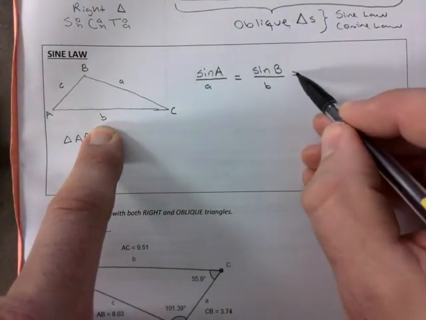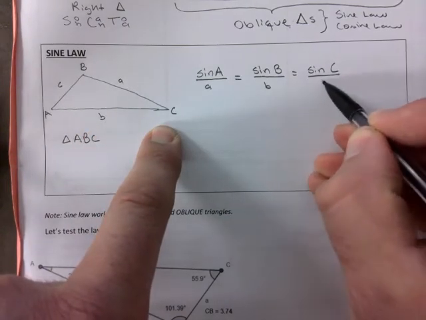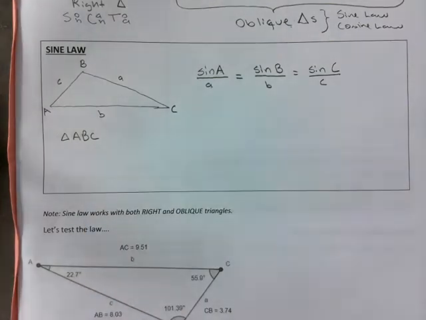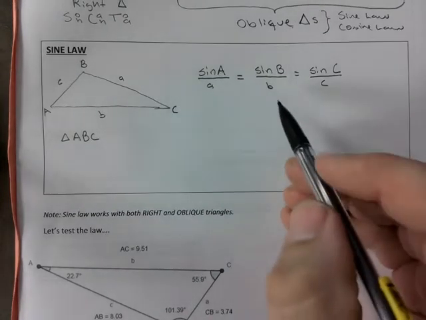And that will also be exactly the same as the sine of angle C divided by the side across from it. And this is the format I will use to solve anything that involves the sine law.